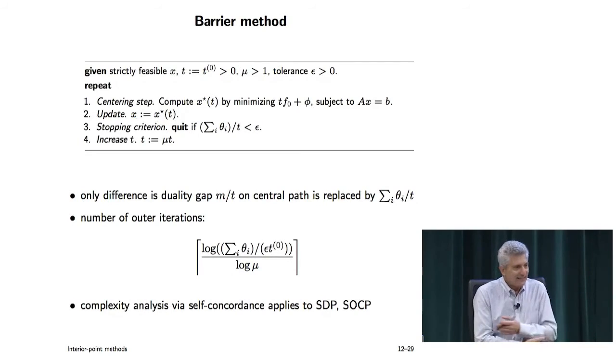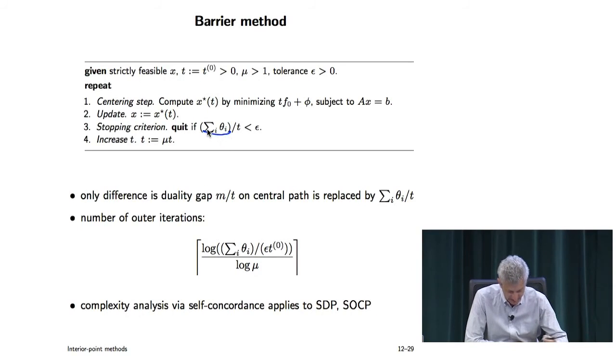So now we have the barrier method. Here's a hint: it's identical. It's exactly the same. There's only one change. What's happening is different, but the only difference is that this used to be m, and now it's the sum of the theta_i, the sum of the orders. Otherwise, it's absolutely identical to the other barrier method.